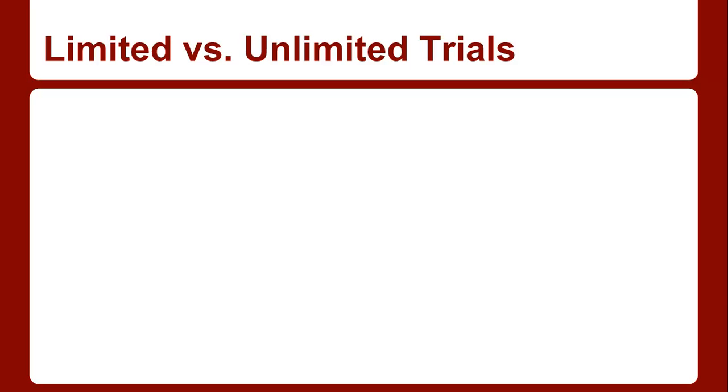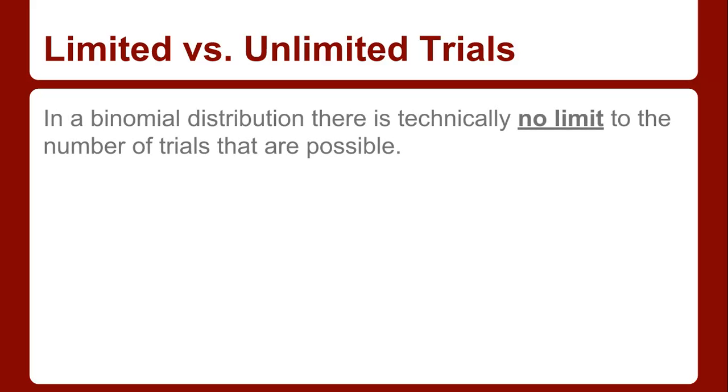Limited versus unlimited trials. This is just to give you another idea to tell them apart, and it's kind of helpful for me to articulate. In a binomial distribution, there's technically no limit to the number of trials that are possible. If it's 2% defective, it just means if we keep getting parts, we're going to keep producing 2%.